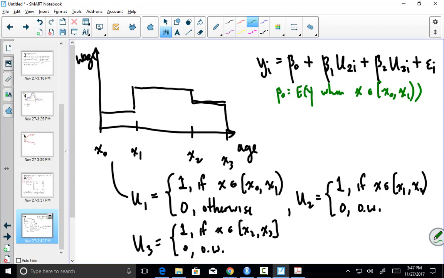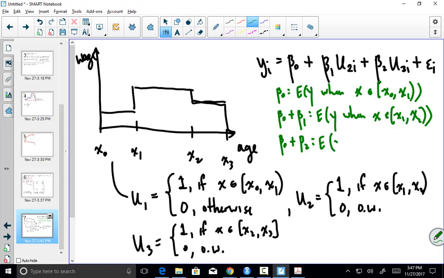If u2 is equal to 1, then necessarily u3 is equal to 0, because you can only be in one of the bins at a time. So I can say beta 0 plus beta 1 is the mean in bin 2. And then finally, beta 0 plus beta 2, if u3 is equal to 1, that means u2 is equal to 0. That uniquely places us in bin 3.